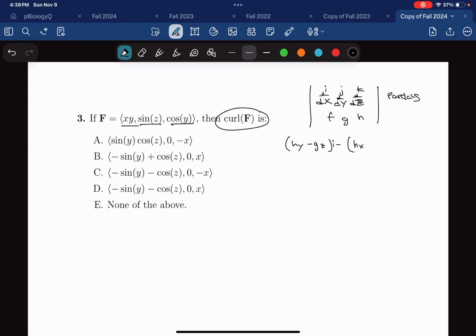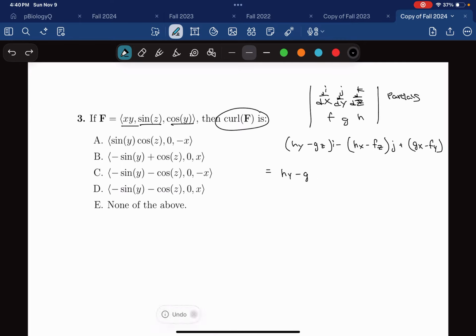So this will be h of x minus f of z, j plus, it's just regular cross product, g of x minus f of y. So in that case, you get h of y minus g of z.